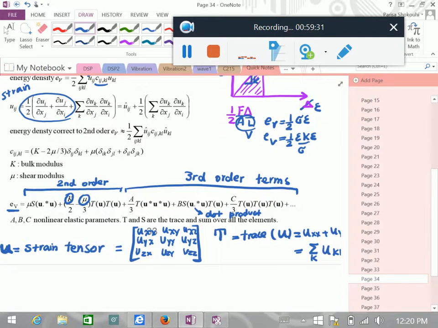I have used the notations from this book, Nonlinear Mesoscopic Elasticity, written by Robert and Paul, with whom I have published. So I've used these notations. That's why things are a little bit different. I just stayed true to these notations.